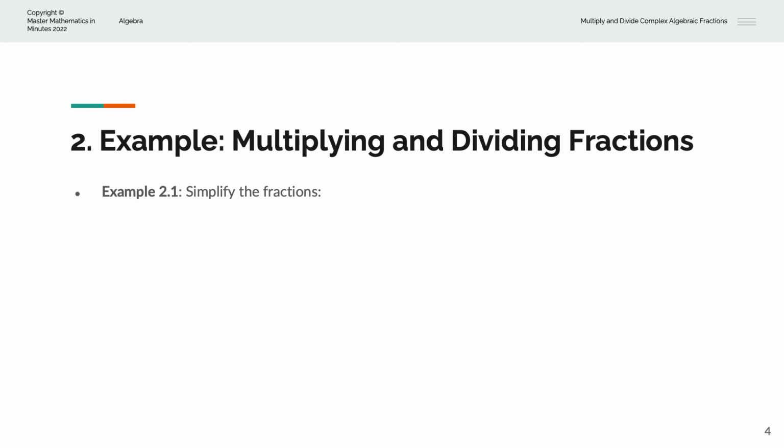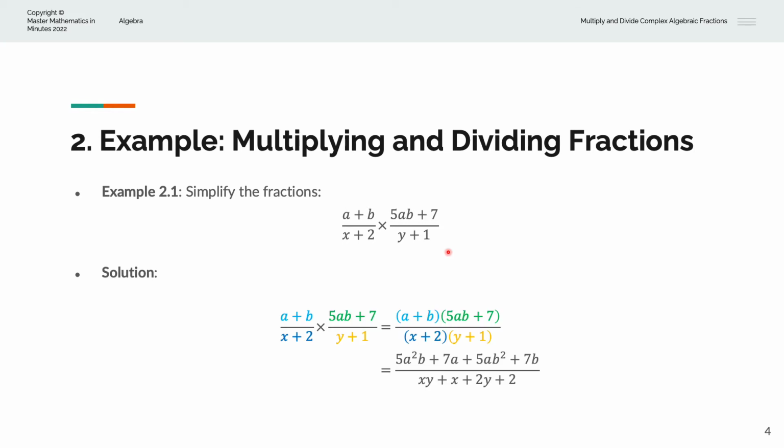In the first example, we're asked to simplify the fractions a plus b over x plus 2, multiplied by 5ab plus 7 over y plus 1. We'll multiply the numerators together, and multiply the denominators as well.